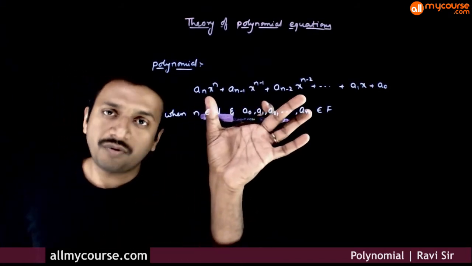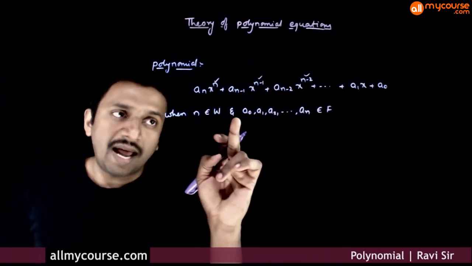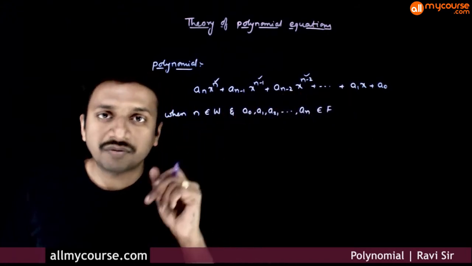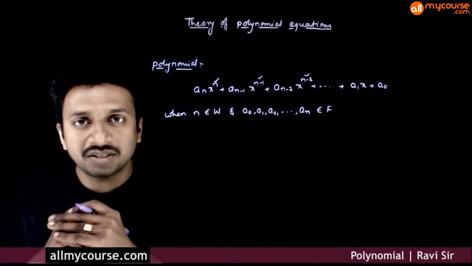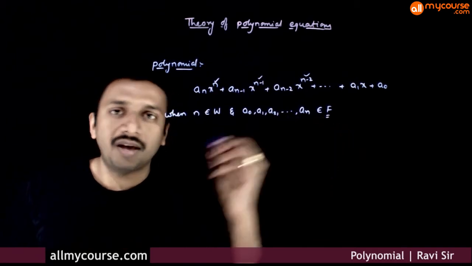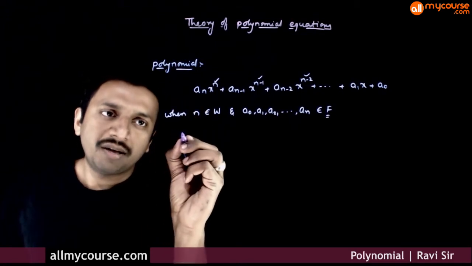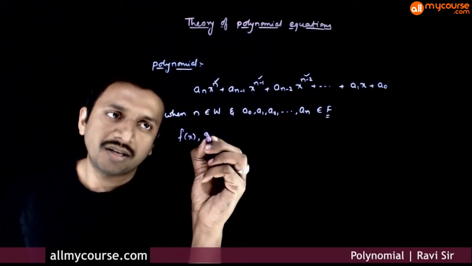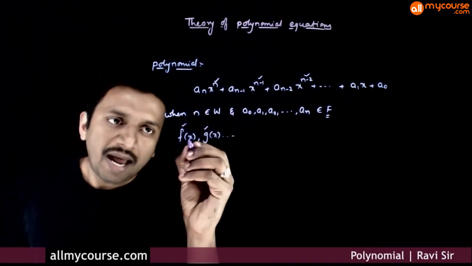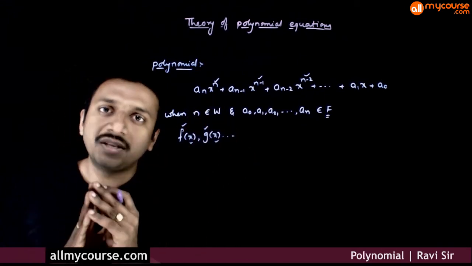So an expression of this form, where n belongs to whole numbers and a_0, a_1, a_2 up to a_n, the coefficients of different powers of x, belong to some number system, is called a polynomial in the variable x over the number system F. Polynomials are usually denoted by f(x) or g(x), and so on, where f is the name of the polynomial and the variable inside the bracket is the variable over which the polynomial is defined.